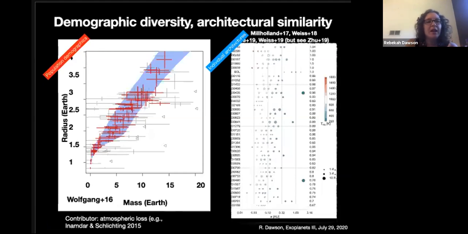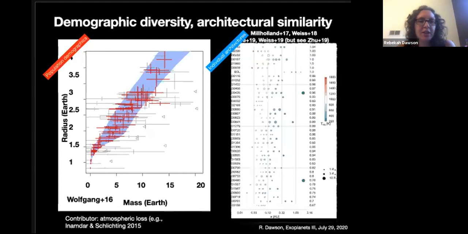We see a lot of diversity in some of their orbital properties, and we see diversity in their compositional properties, as manifested in this plot on the left of the mass-radius relation. At a given mass, a planet could have a very different radius from one in another system. So this suggests a lot of compositional diversity.